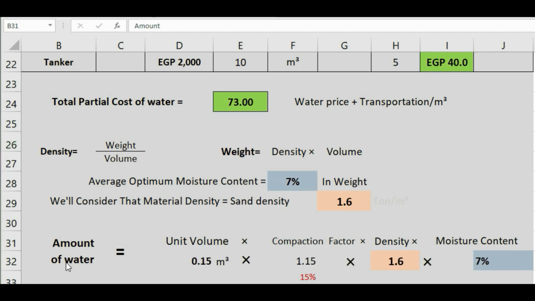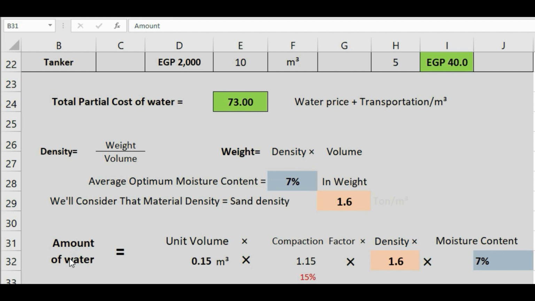The amount of water content in 15 centimeter layer equals volume of layer by compaction factor. It can be 15% or 10%, or according to the nature of the material you have in your work.